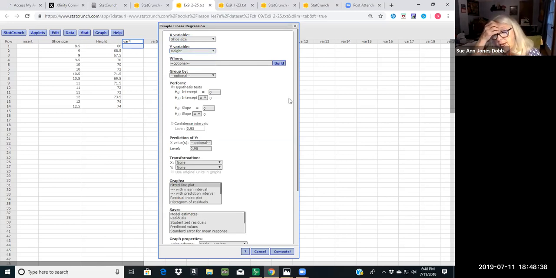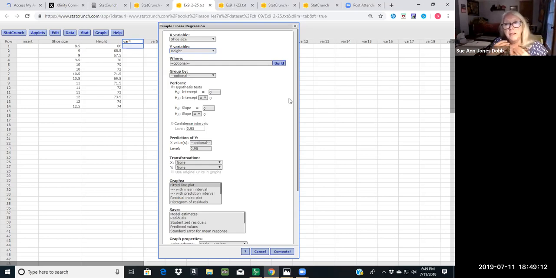Now, I get asked all the time, how do you tell the difference between x and y? Typically, we follow the following convention. If the data is given in a vertical fashion, as it is here, the first thing mentioned, which is shoe size, is the x variable, and the next one is the y value. If it's given in a horizontal array, then the highest one is the x variable, and the one below is the y variable.